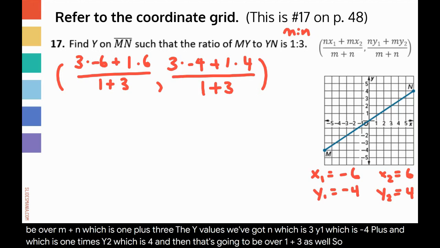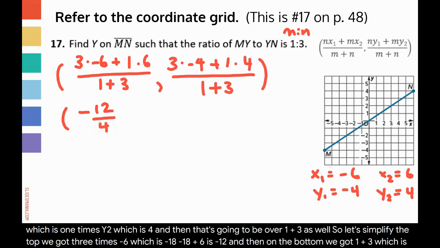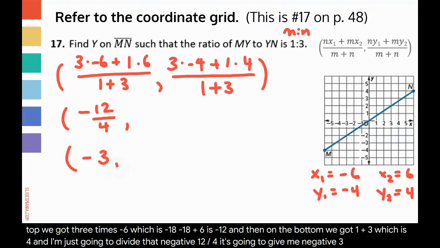So let's simplify the top. We got 3 times negative 6, which is negative 18. Negative 18 plus 6 is negative 12. And then on the bottom, we got 1 plus 3, which is 4. Negative 12 divided by 4 is going to give me negative 3.